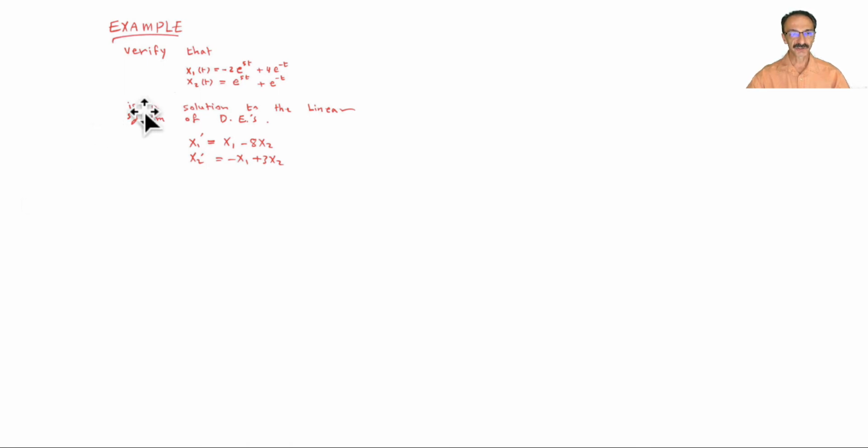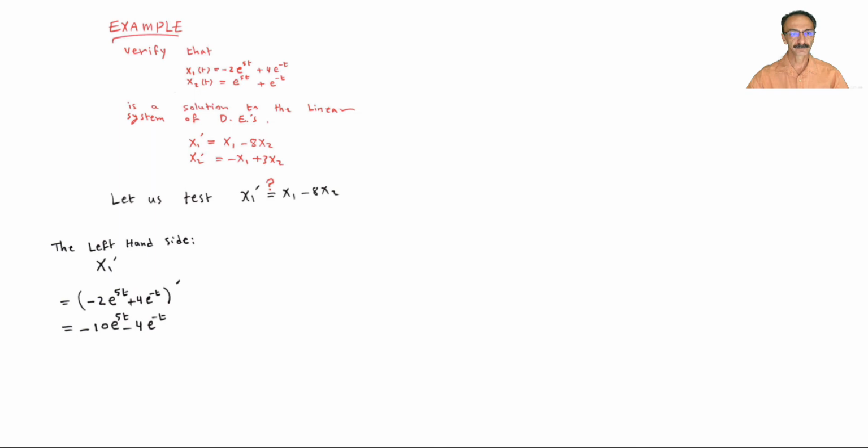Let's start with the first one. To start with, x1 prime equals x1 minus 8x2. We could work separately on left and right and see if it works. How do you get x1 prime? Well, I have x1, I'm just going to take its derivative. That's my left hand side.